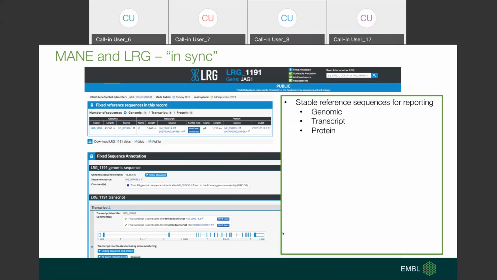So for those of you familiar with the LRG, it's a record that shows you which transcripts are useful for reporting. And what we're doing is now showing you the relationship between the MANE Select and what is already in the LRG. In a large number of cases, they are identical, as you can see here, but in some cases, they're not, and that's because MANE has its own criteria.